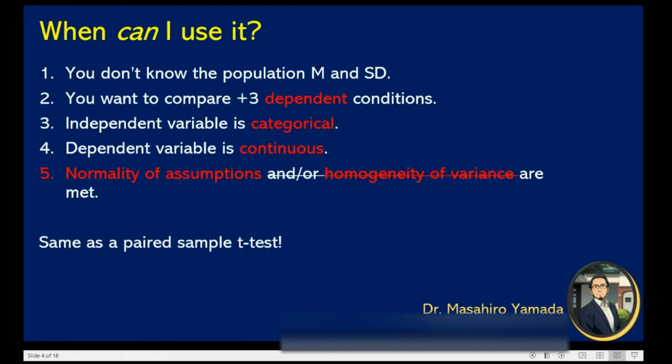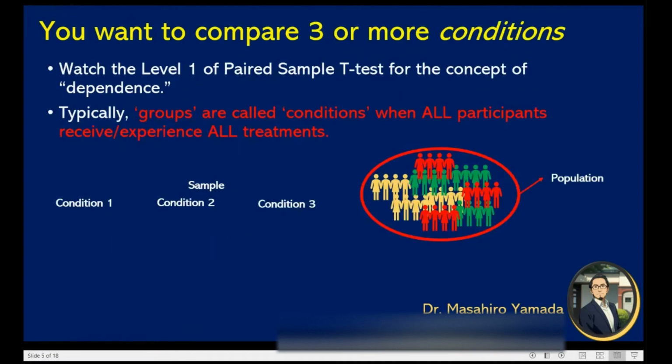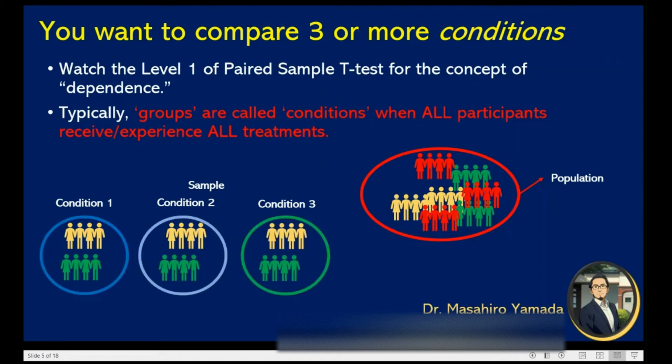The criteria to use one-way repeated measure ANOVA are exactly the same as the paired sample t-test. To visualize the study design, when you use one-way repeated measure, recruited participants are not divided into three separate groups, but instead they go through all the conditions.